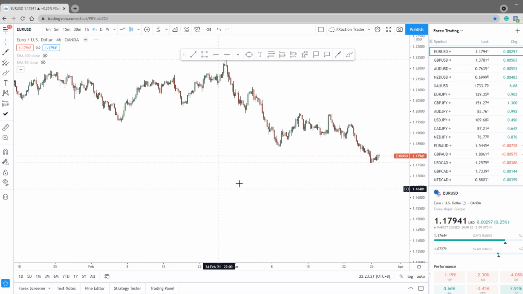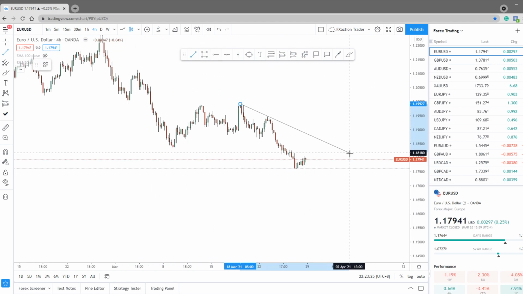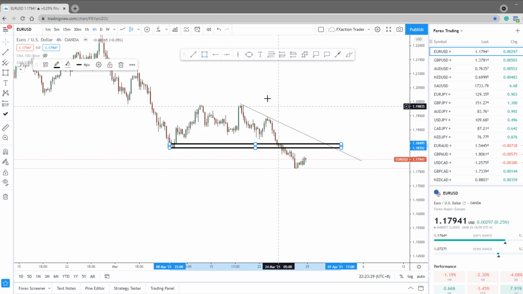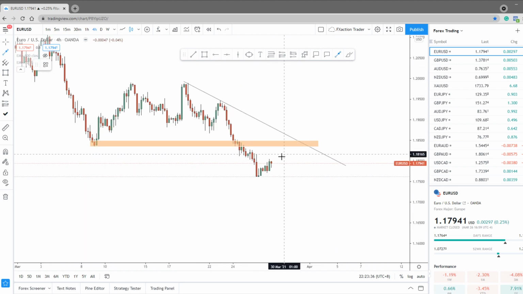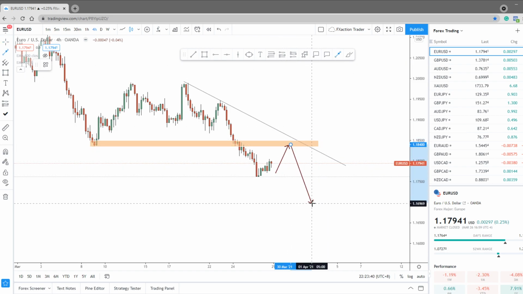For me, the possible area where the market is going to do the pullback is tentatively at this previous low level. Let us mark this zone up. At this level we are going to wait for a short signal and continue to sell along with the market trend.